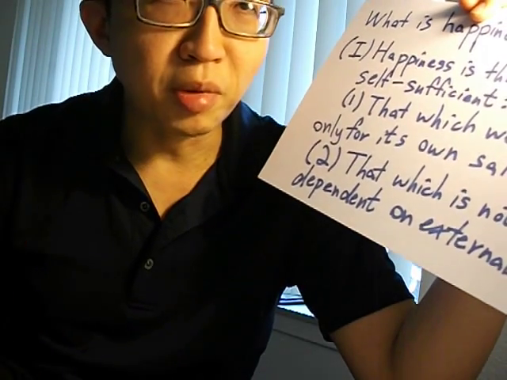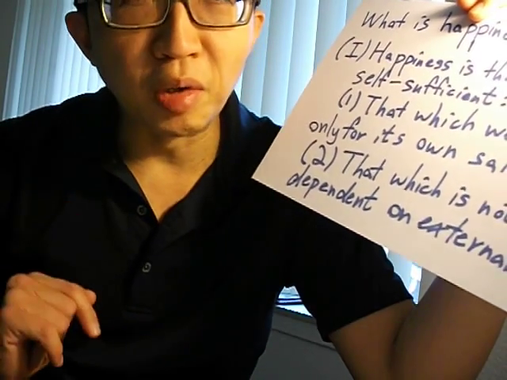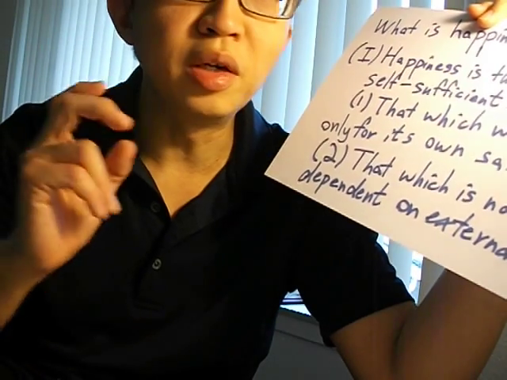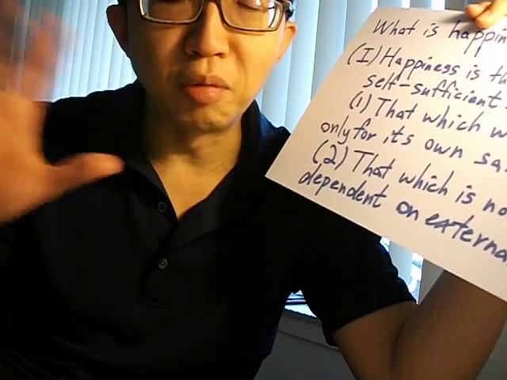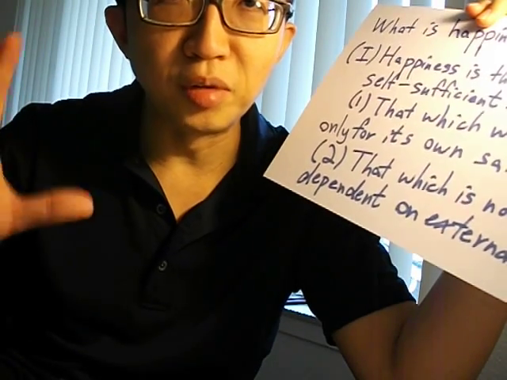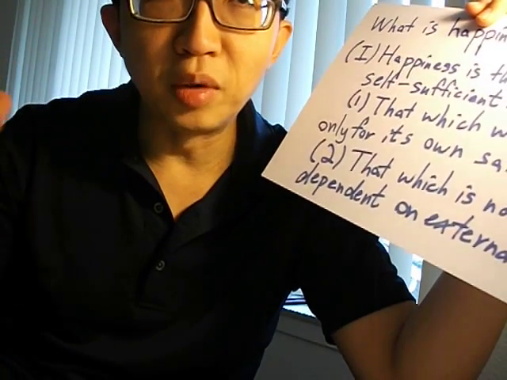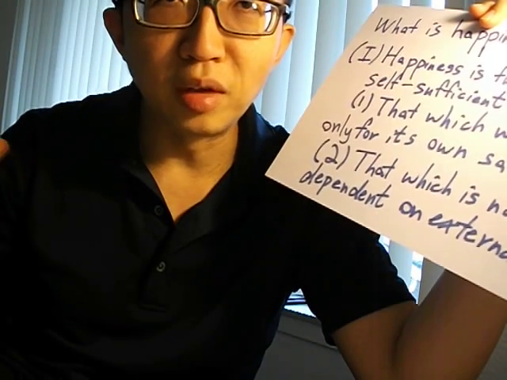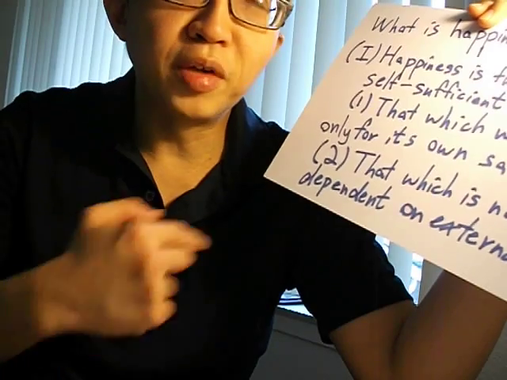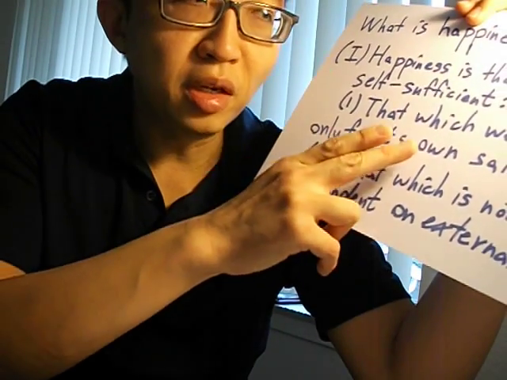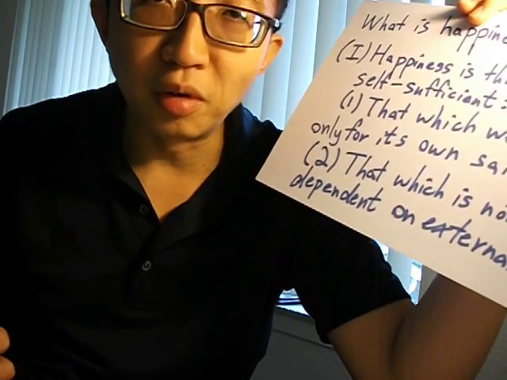Is money happiness? Well, not really, because we don't actually desire money for its own sake. We want money because we can buy things with money, because we can do things with money. If you are stuck on a desert island with nothing to buy, then having a lot of money wouldn't be of any use. So money cannot be happiness, because money is not something which we desire for its own sake.